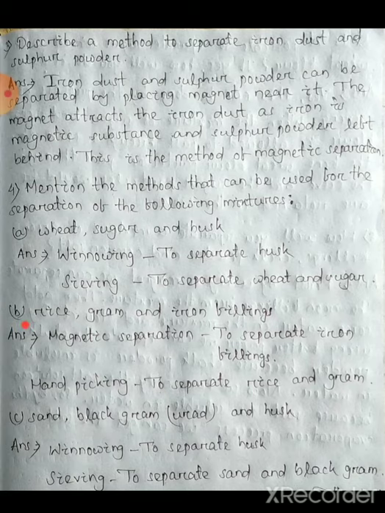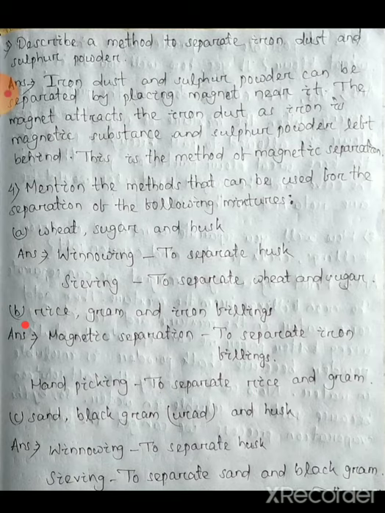Second one: rice, gram and iron filings. There is iron, that means we can separate it by the magnetic separation method using a magnet. So you write: first process is magnetic separation to separate iron filings. Second is hand picking, because gram is larger than rice and clearly visible to us.